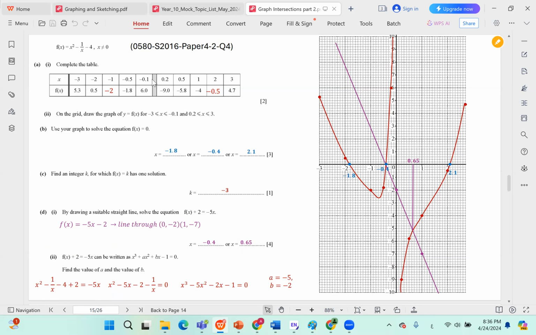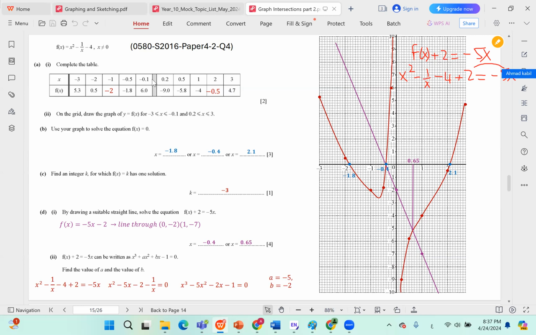So we are trying to solve the following equation: f(x) + 2 = -5x. f(x) is the equation given at the top of the page, x squared minus 1 over x minus 4, plus 2 equals -5x.